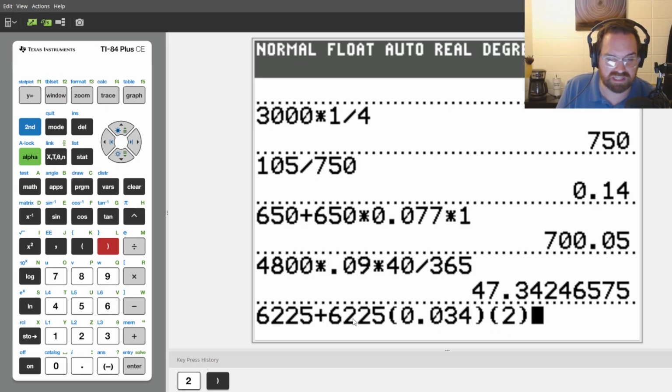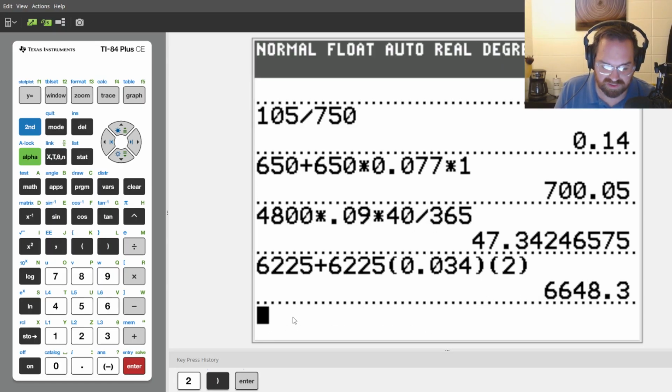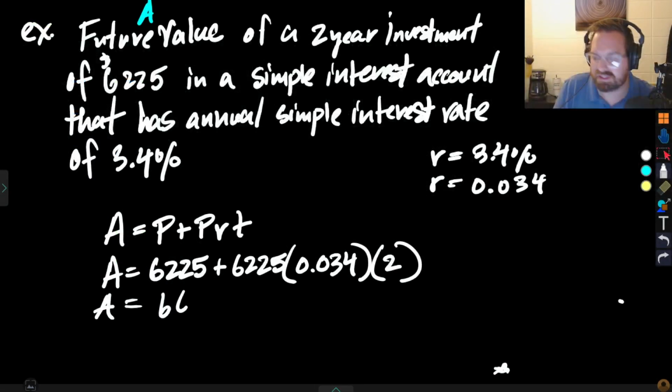You can do the same thing in the calculator. You can use the multiplication sign, that's fine. Or you can do the brackets, it'll work out identical. So this is the total amount of money that was in the account at the end of the investment period. So that would be $6,648.30. Okay.